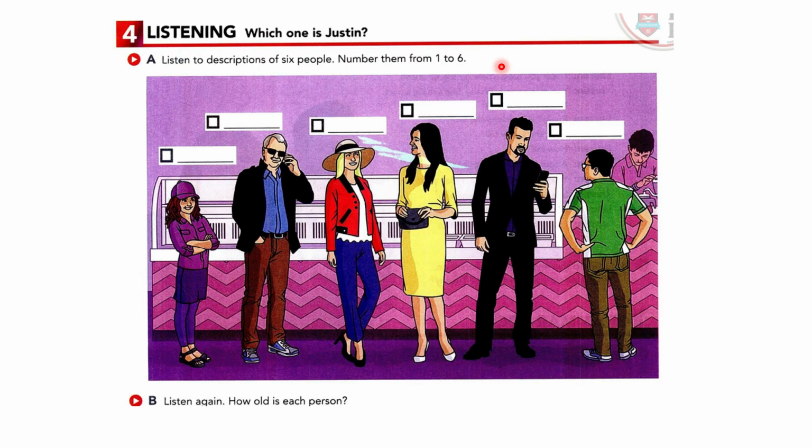Then we have this listening. Which one is Justin? Listen to descriptions of 6 people. Number them from 1 to 6. So in this audio, they are going to describe all of these people that you see here in the picture. And you have to number them in the order they are being described in the audio. Simple.